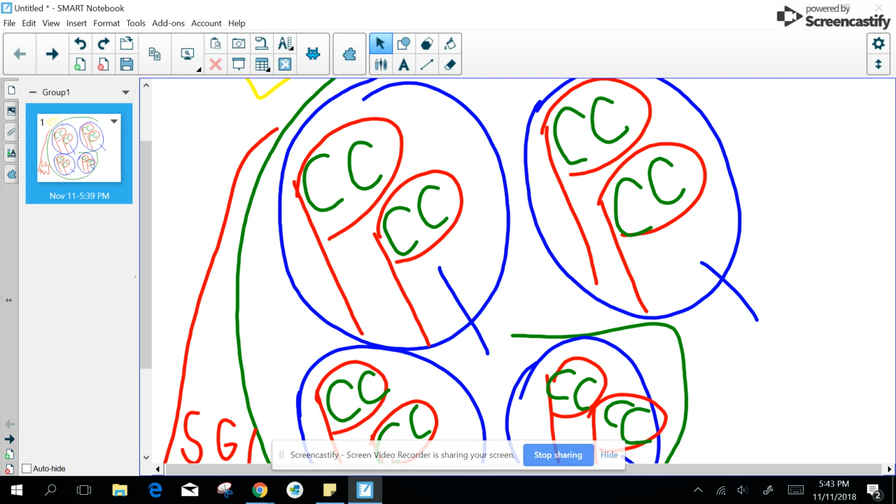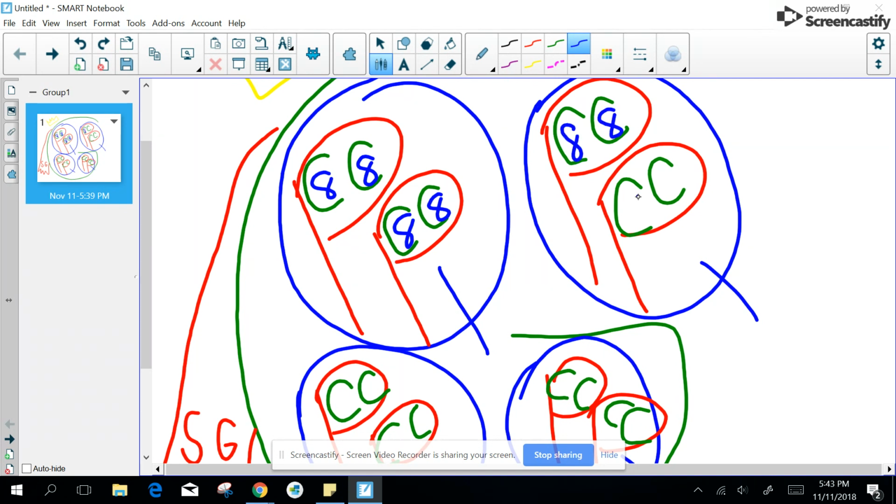Now, in each cup or each cat, there are 8 fluid ounces. So when you draw the 8, it kind of looks like 2 eyeballs, which a cat has 2 eyes. So each cup has 8 fluid ounces. So you have to write very small. Hopefully your G was big enough to fit all of this in.